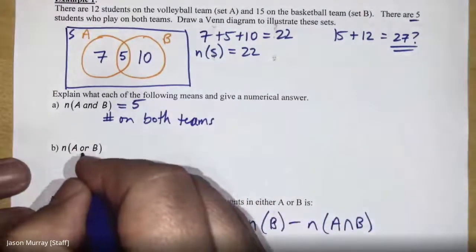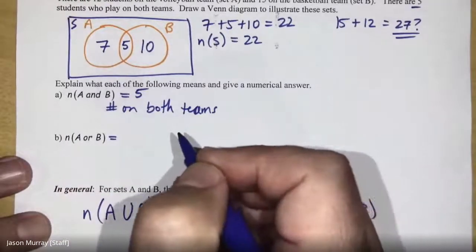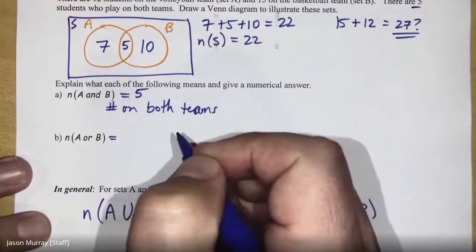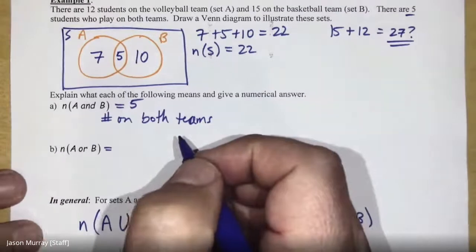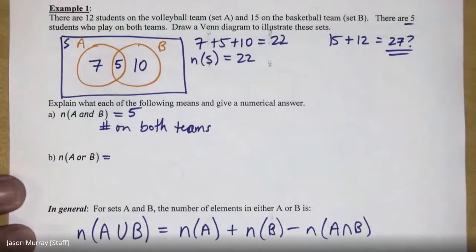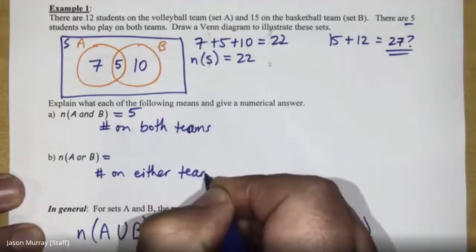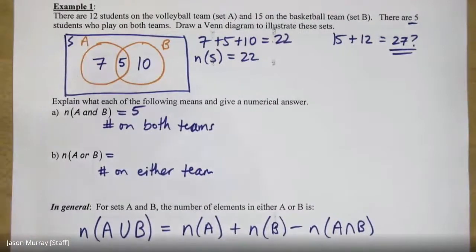Okay. The number in A or B, what's that equal to, and what does it mean? In this situation, I should say. Charlie? Is it the number on either side, not including the intersection? It's the number on either team. Could it include the intersection though?